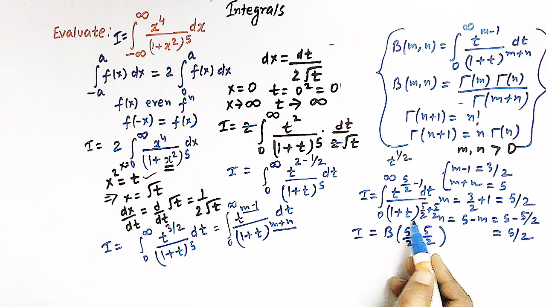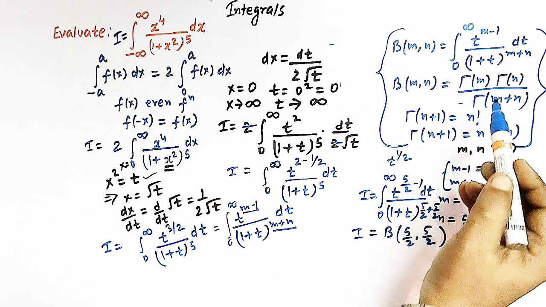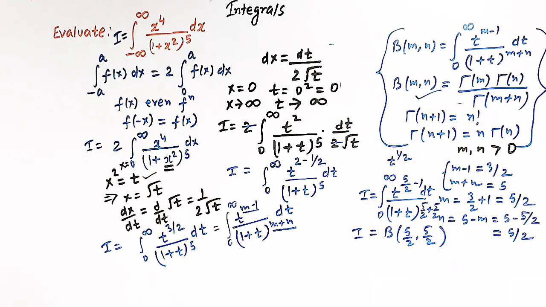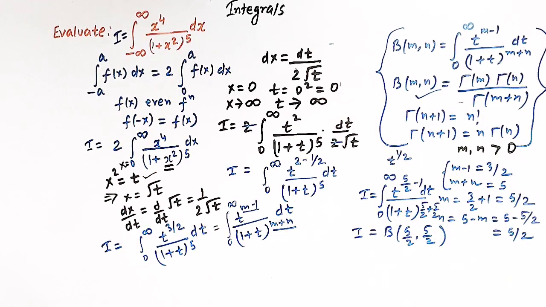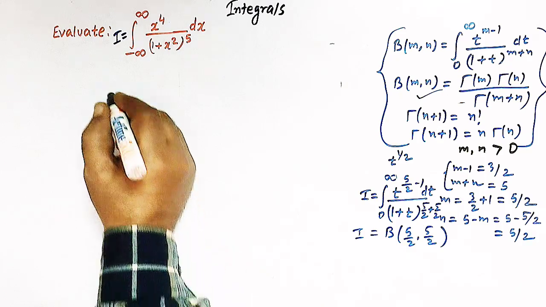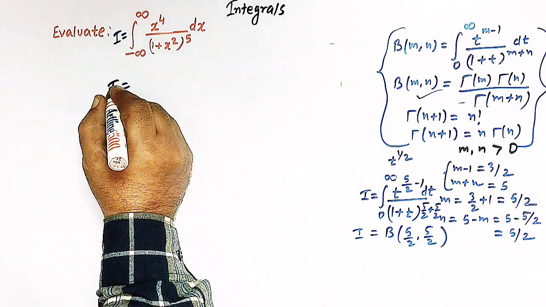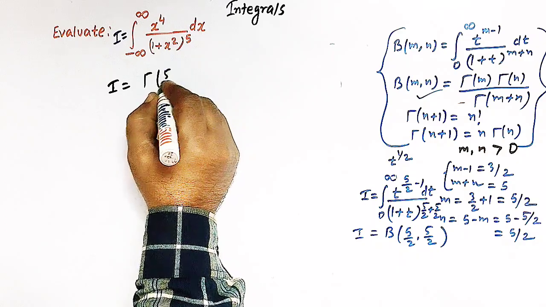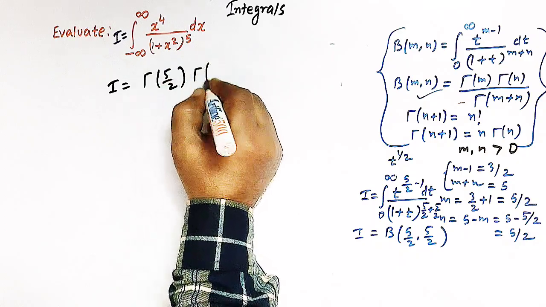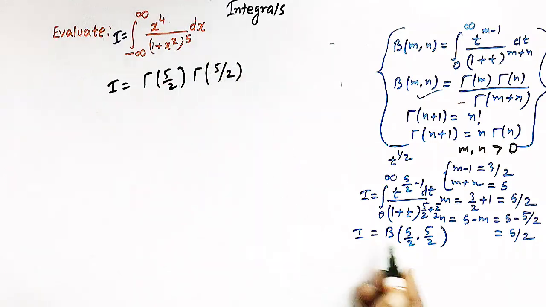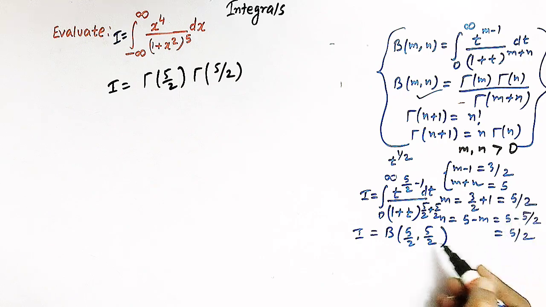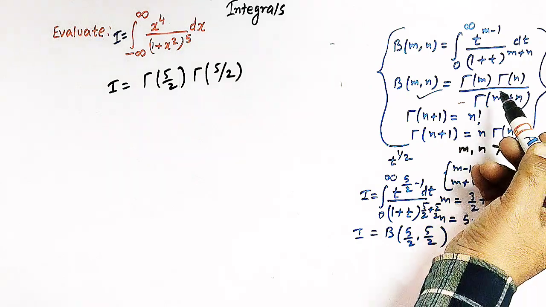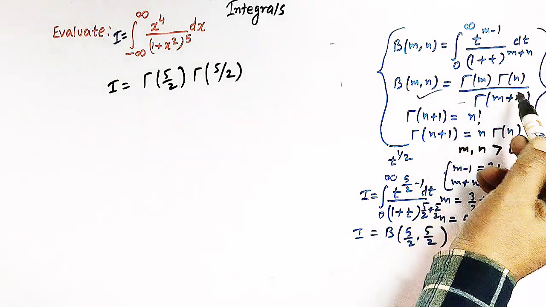So let us find out the value of this beta function by using this result. So now we can write I is equal to gamma 5 by 2, then we have gamma 5 by 2, taking m is equal to 5 by 2 and n is equal to 5 by 2 in this expression.